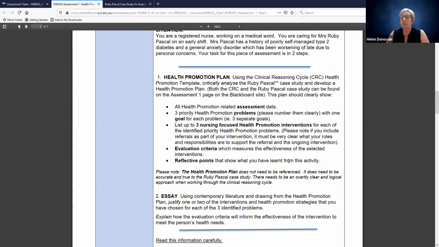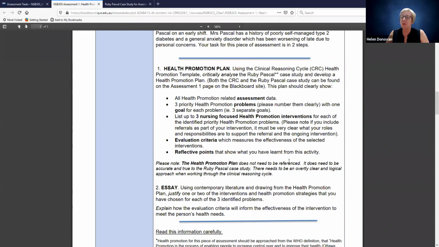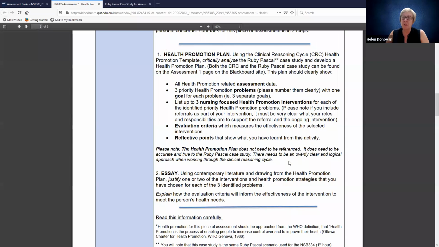Now your health promotion plan must be accurate, it must be comprehensive because your essay is based on that health promotion plan. So it says using contemporary literature and drawing from the health promotion plan, justify 1 or 2 of the interventions and health promotion strategies that you have chosen for each of the identified problems.